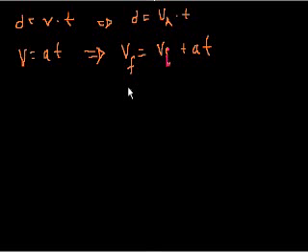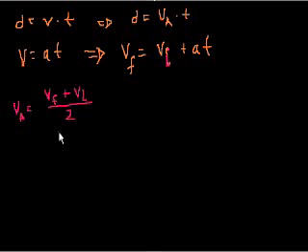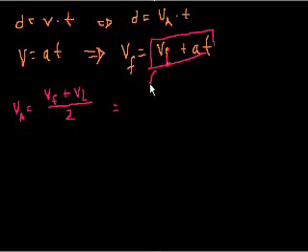Well, we know that the average velocity is equal to the final velocity plus the initial velocity, divided by 2, right? Well, what is the final velocity? Well, the final velocity is equal to this. So we'll just substitute.